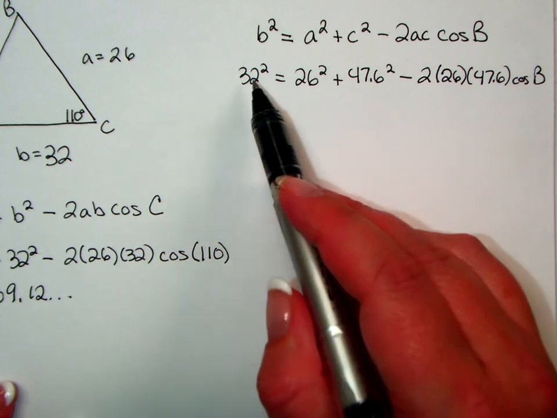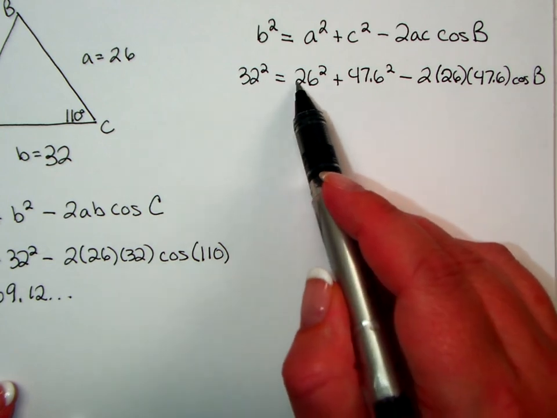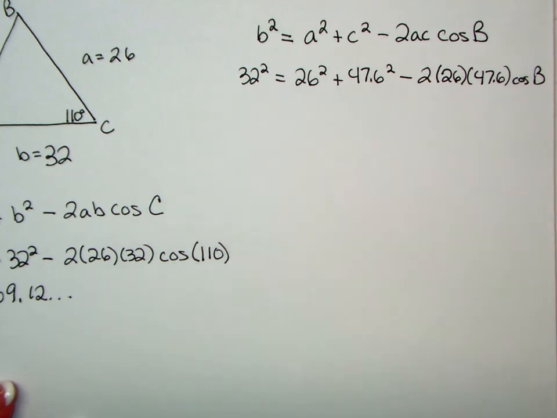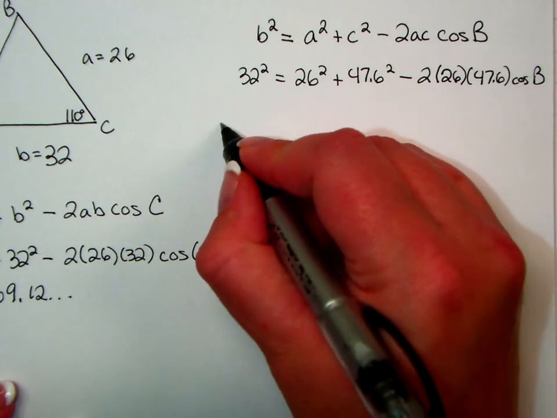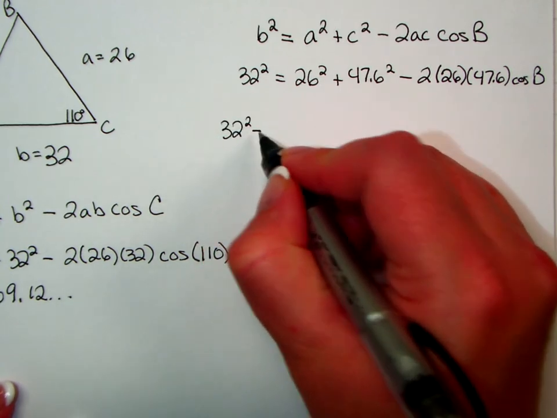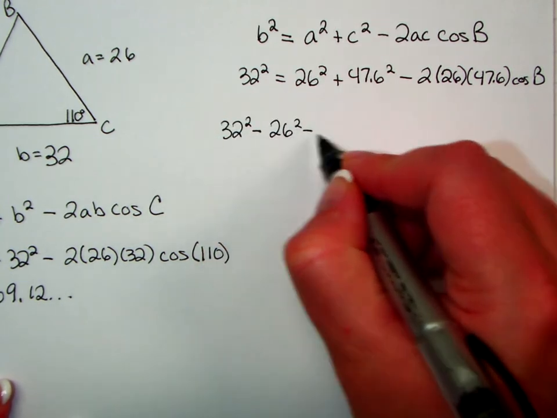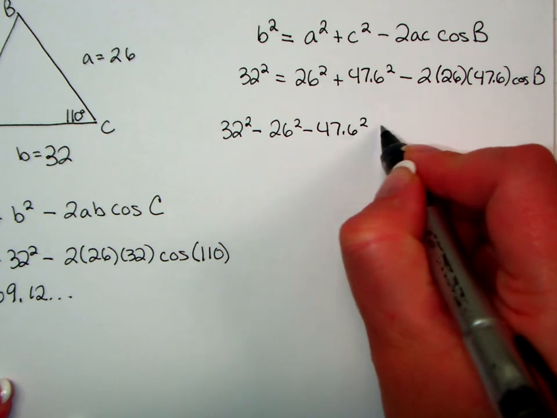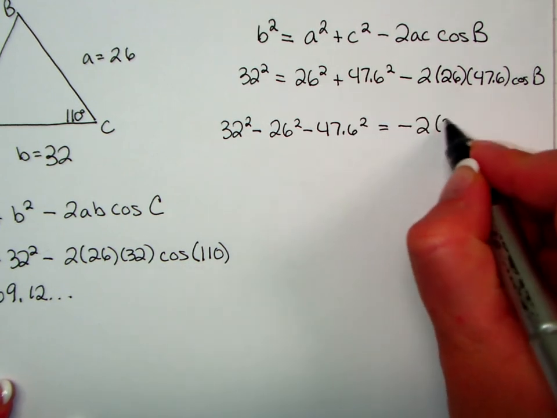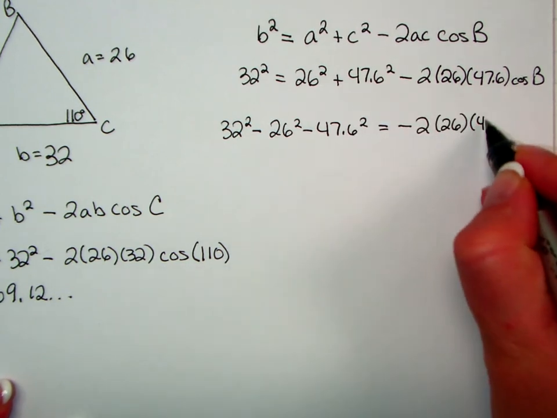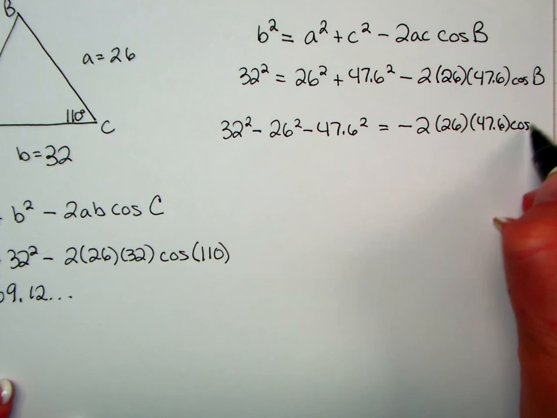So I'm going to do 32 squared minus 26 squared minus 47.6 squared. I'll go ahead and write that this time. Equals negative 2 times 26 times 47.6 times cosine B.